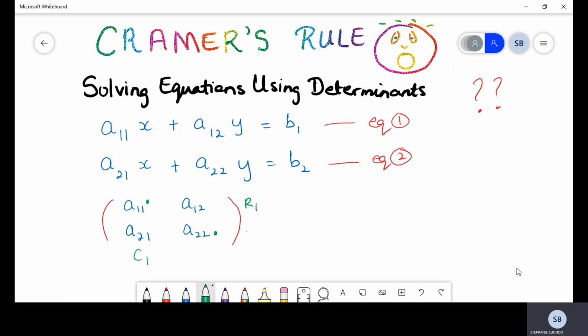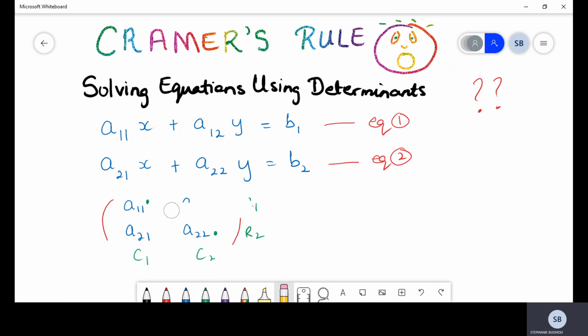A sub 2,2 belongs to row 2 as well as column 2. Hence its name A sub 2,2, or A sub 22. So these values are not so much arbitrary as they are based on their location within a particular matrix system. So make sure when you're trying to find the proof for Cramer's rule, as to how they generated the formula for x and y, you keep that in mind.